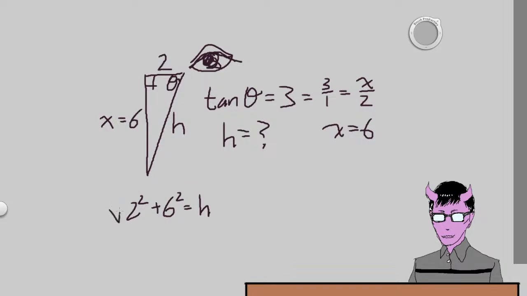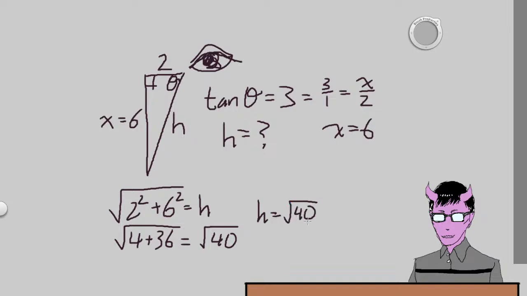Alright, whoops. So let's simplify that. So 2 squared is 4, and then the 6 squared is 36. And thus that simplifies into square root of 40. So h is equal to the square root of 40.